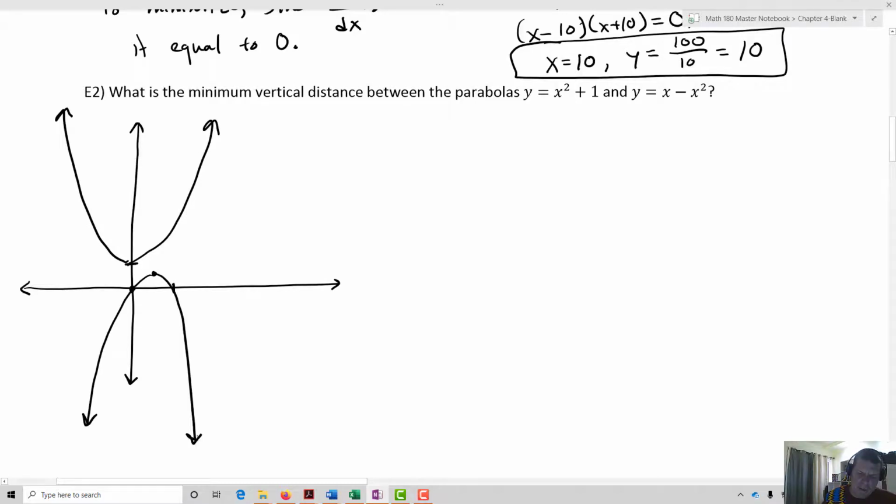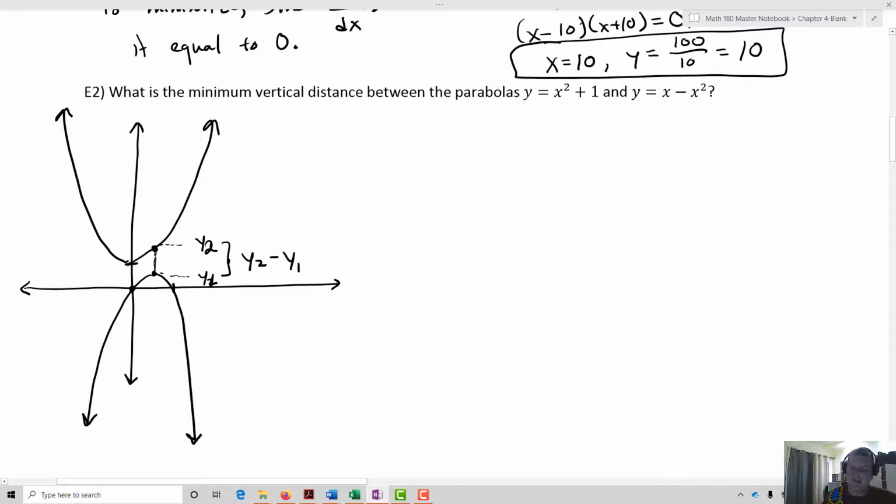And when we talk about vertical distance, the vertical distance is the distance on the y-axis, because it's vertical. So basically, we'll call this y1 and this one here y2, or we'll make the top one y2 and the bottom one y1. It's going to essentially be y2 minus y1.